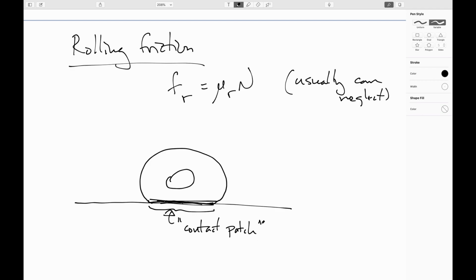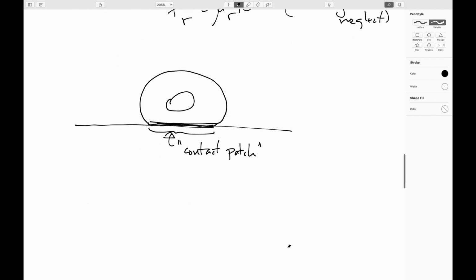Now, let's say the tire is rolling like this so that it'll be moving forward like that. If this is attached to a car or something like that, there's going to be air resistance pushing against the tire or pushing against the car.